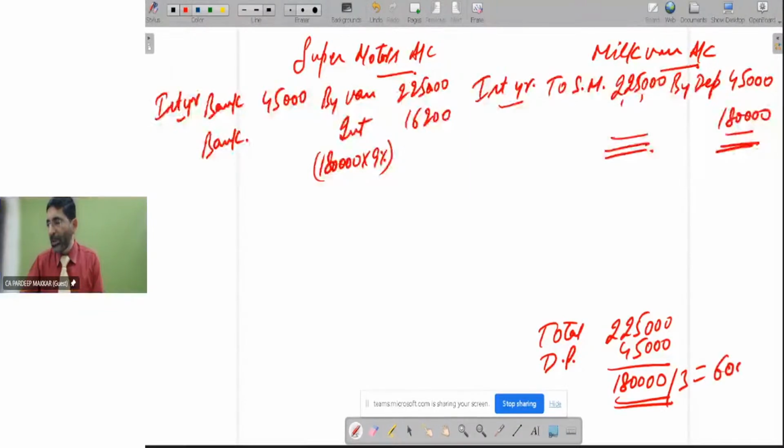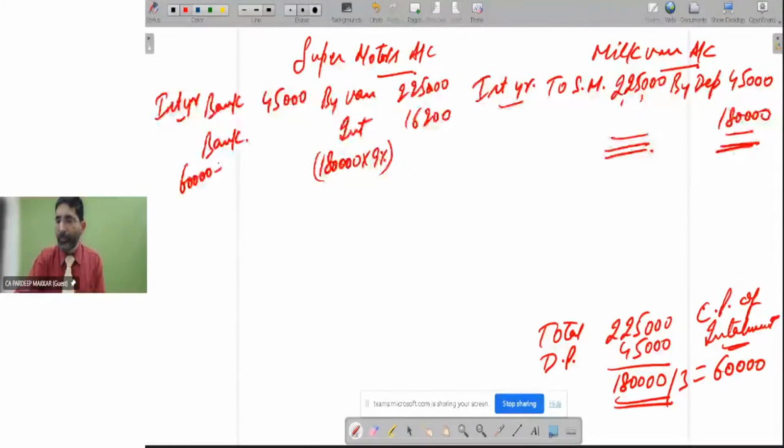So 60,000 is the cash price of the installment, plus interest.